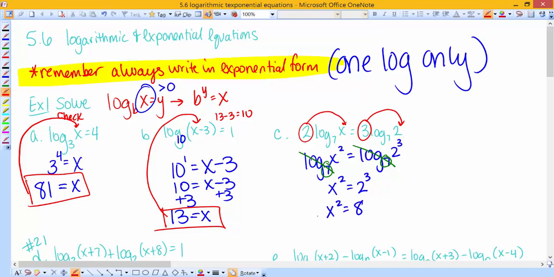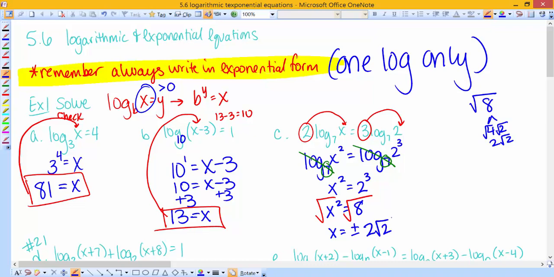How do I get rid of a square? I square root this. So x is going to equal plus or minus the square root of 8. Now I'm going to come over here and do this work. The square root of 8 is the square root of 4 times 2, and you can square root 4. So 2 root 2. So plus or minus 2 root 2. But I have to check my solution, and you have to check it into x. And there are two solutions here.